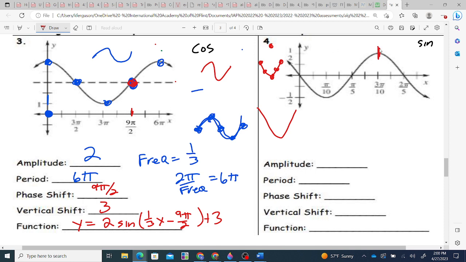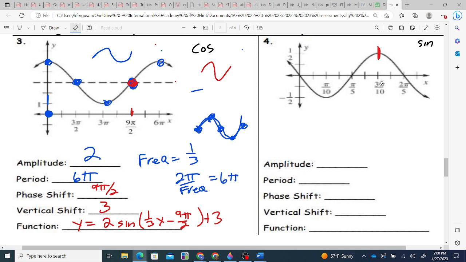So that's technically where the graph would have started if we were running it like a regular graph. So that means it moved over that far. That's what it means.